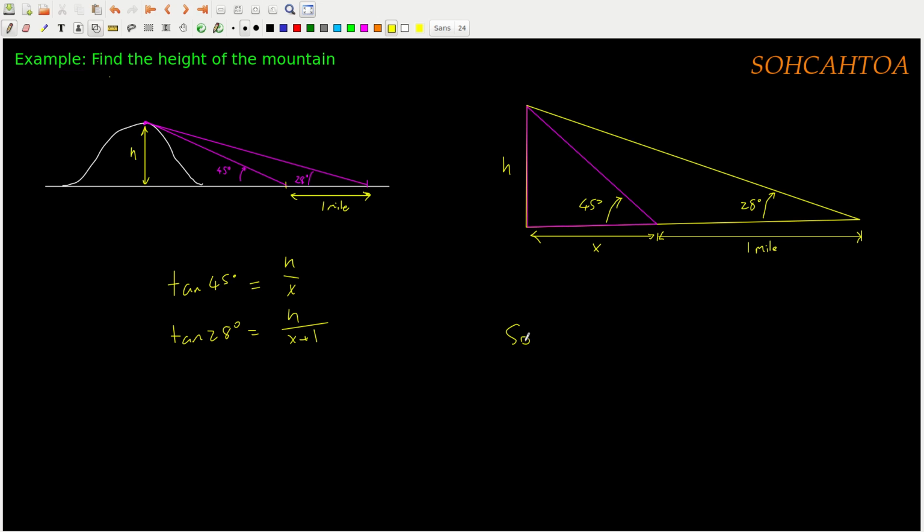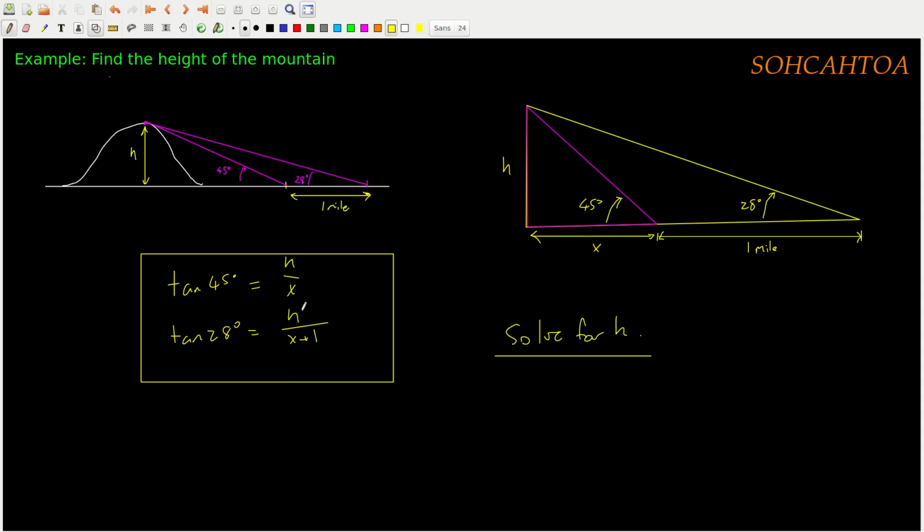So our job here is to solve for h, because we have everything we need. We have two equations that involve two unknowns, but we know tan 45, we know tan 28, and so we can solve for h here.